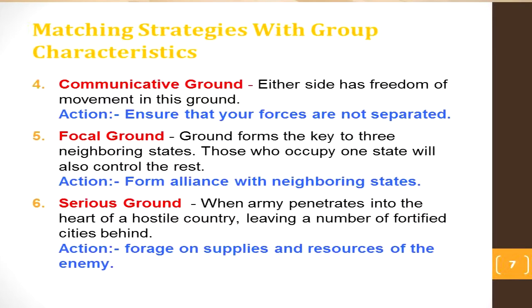Battleground 6, that is serious ground. In this serious ground, the army invades into the heart of a hostile country, leaving a number of fortified cities behind. So what is the action? Feed on the supplies and resources of the enemy. Treacherous ground.